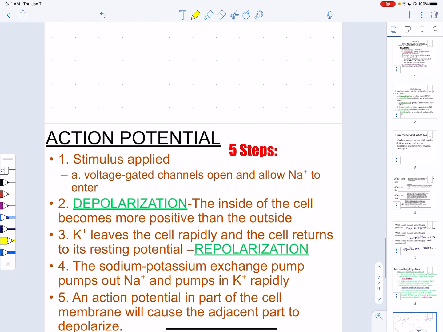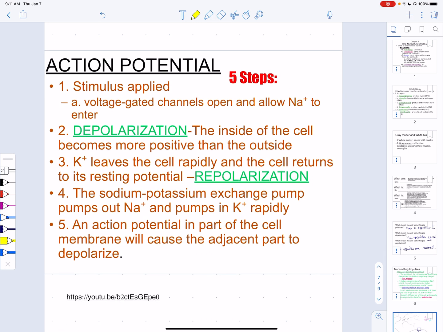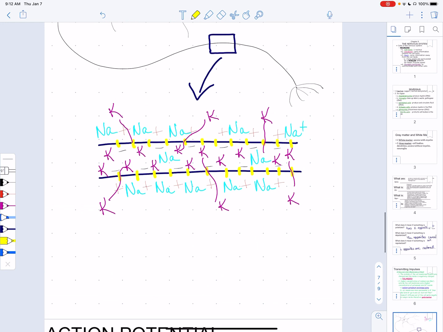Okay. So what's going to happen is the potassium is going to leave the cell rapidly in order to try to regain the balance. Okay, so if I have all of the sodium rushing in, well, that's going to take up a lot of space, and the potassium is going to get pushed out those channels in order to try to balance out the equilibrium.